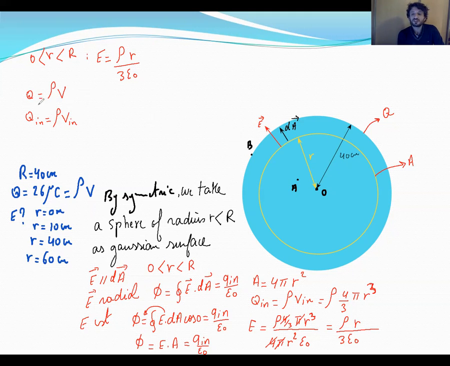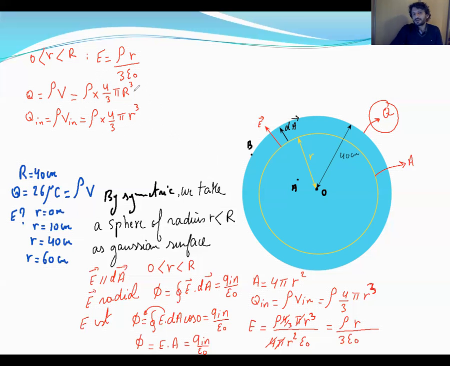So the total charge Q equals rho times the total volume. We can say here the total volume equals 4 over 3 pi R cube, and Qn equals rho times Vn, which is 4 over 3 pi small r cube, inside the yellow sphere.